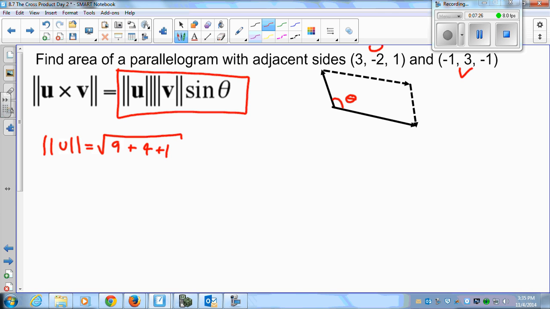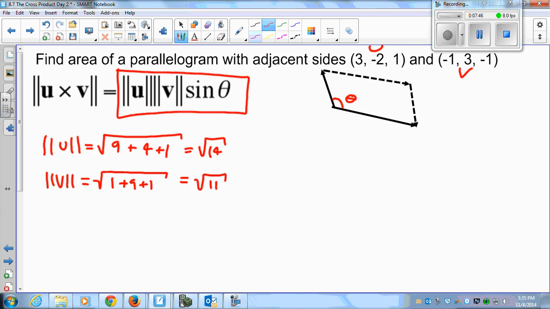And the magnitude of v is equal to the square root of 1 plus 9 plus 1, which is equal to the square root of 11.